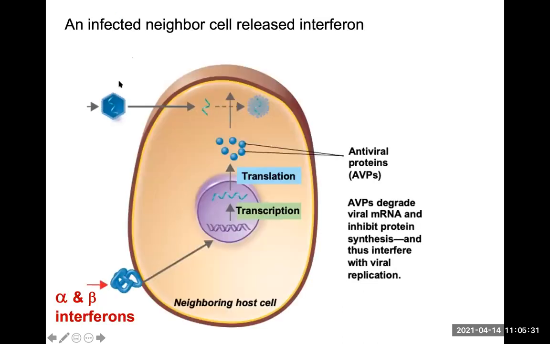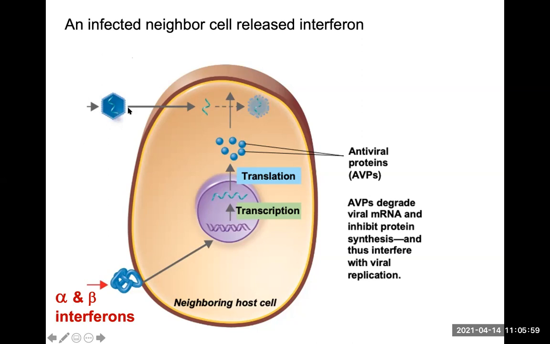And so here, this is looking at a cell that has already been infected and released interferon. And this cell that you see here is the neighboring host cell. So a neighboring cell receives the interferon signal that says, watch out, a virus is coming. And as you can see, the virus is coming.